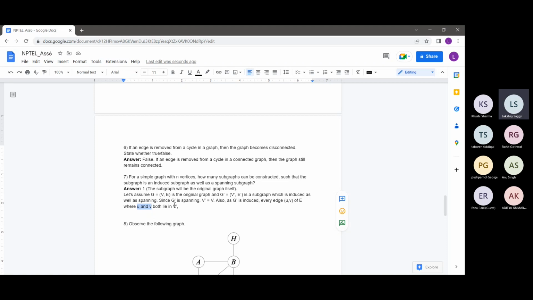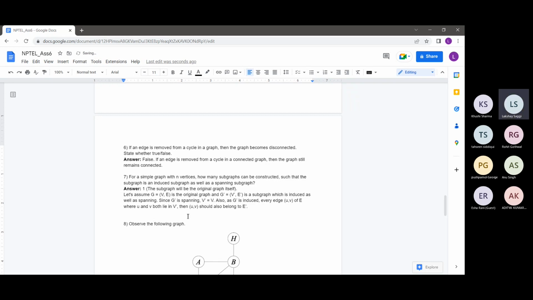For any subgraph, basically G prime is a subgraph. Here we have taken a subset of vertices as well as some subset of edges. What I mean to say here is that every edge of E which I pick, where U and V both lie in V prime, I'm just writing out the basic definition of an induced subgraph. So every edge which I pick of E, where U and V both lie in V prime, then this edge (U, V) should also belong to E prime.